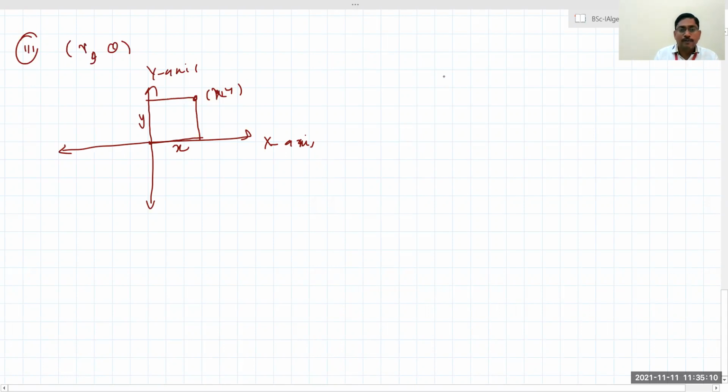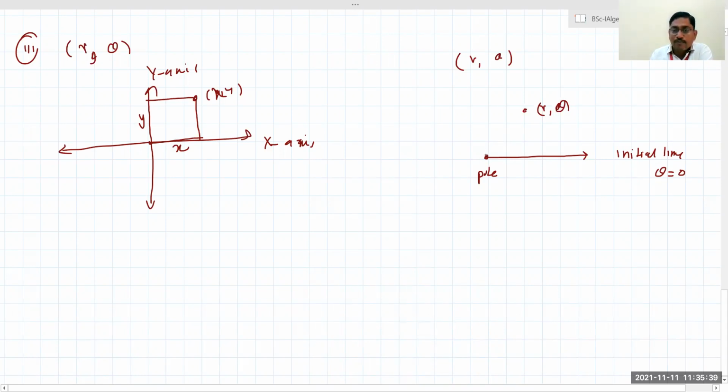But when you represent it in r theta form, what do you mean by r theta? This is called the pole, and this is the initial line, theta equal to 0. Here I write r comma theta. No, don't draw perpendiculars.